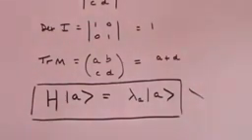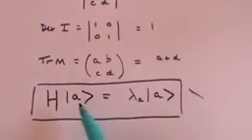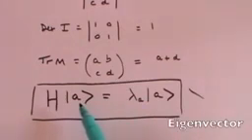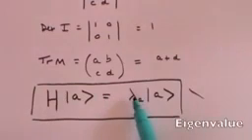And that is going to prove to be one of the most important equations in the whole of our quantum mechanics dealings. So what we're saying in maths terms is that a Hermitian matrix acting on a vector produces the same vector but now just multiplied by an ordinary real number. And when that is the case, that vector is called an eigenvector, and that number is called an eigenvalue.